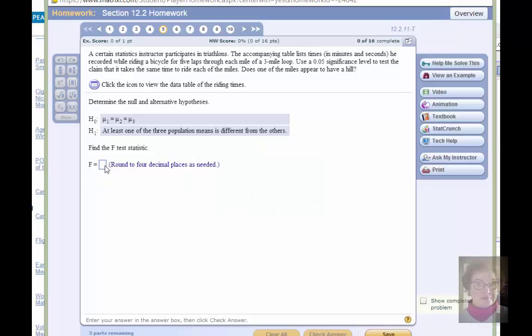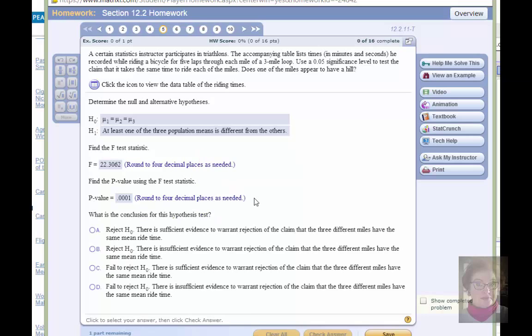My F statistic is 22.3062. That worked. And then my p-value is 0.0001. Now, my p-value is very small, so that means I can reject, and when I reject, there is sufficient evidence to warrant rejection.